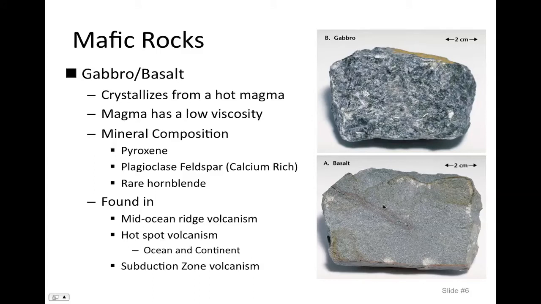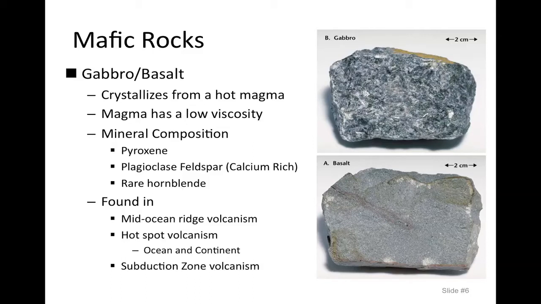They're very dark colored rocks, and these have larger crystals than the very tiny crystals that you see in this aphanitic texture here. The mineral assemblage is pyroxene, plagioclase feldspar, and sometimes, but rarely, hornblende in it. Those are the three mineral types you find in these rocks.